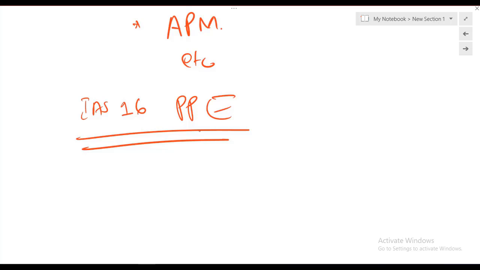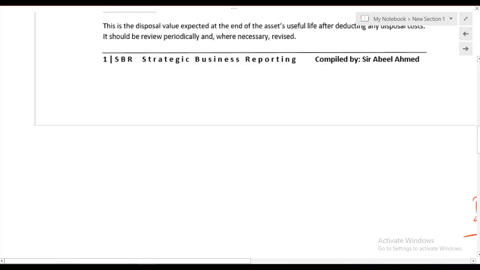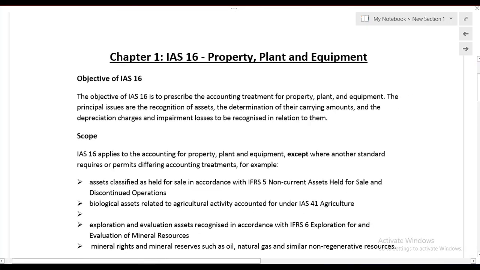If I'm depreciating the asset, which method I need to use. If I'm recognizing the impairment loss, then how to calculate the carrying amount. So simply the entire IAS 16 has the objective: all the accounting relating to IAS 16. That is over there. Just a minute. Look at this.